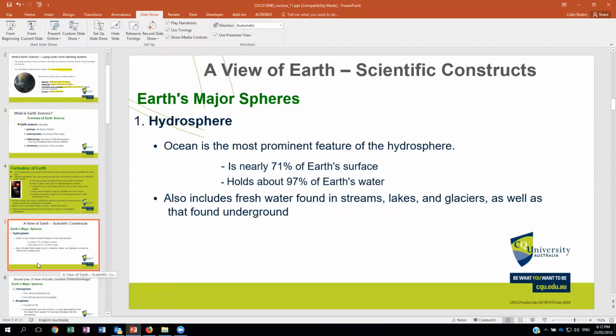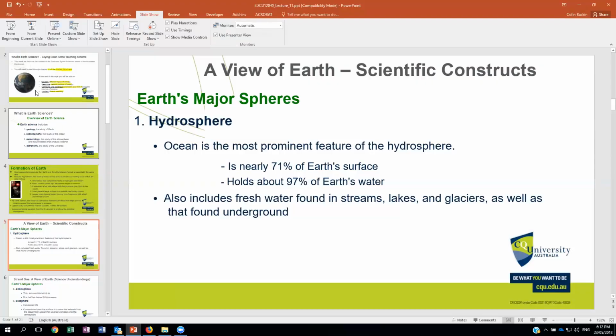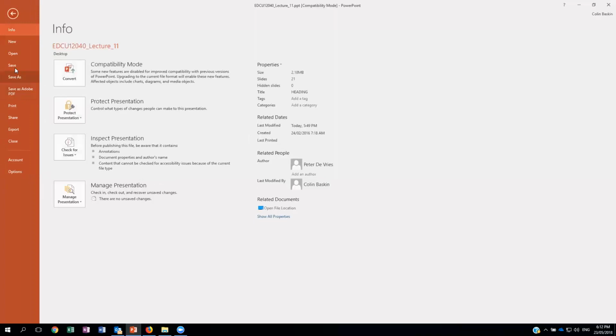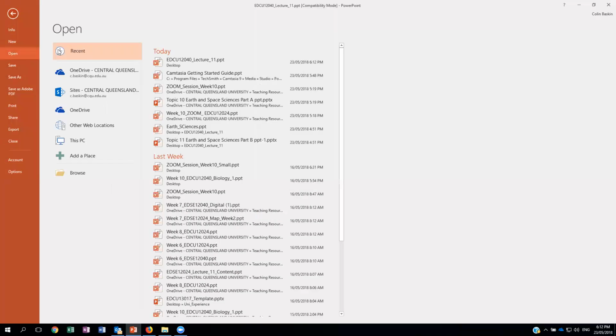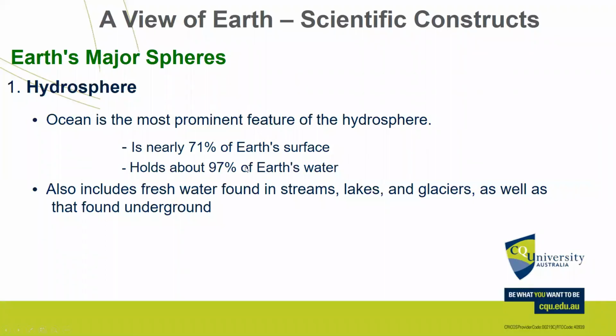I'm just wondering whether I've saved the previous. All right, I'll just go in here, File. Okay, that says it's the one. All right, we'll keep going with this one. I did notice I made some annotations to it that obviously haven't saved.